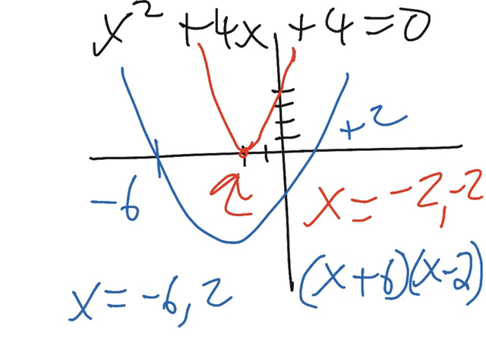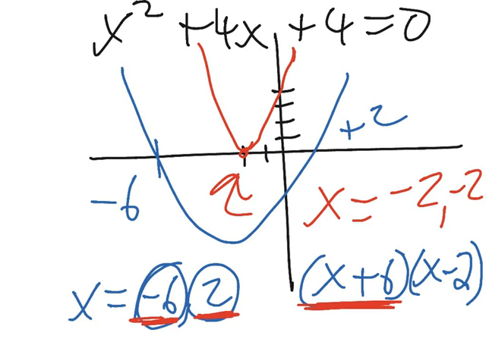Because the factors are always going to be the opposite sign of the roots. These are the roots. The factor is going to be the opposite sign, and then you put an x in front of it. So if I look at this minus 6, I change the sign to positive 6 and put an x in front of it, and that's one factor. If I know this root is 2, I change the sign, negative 2, put an x in front of it, and x minus 2, and that's the other factor. And that's how you get factors and roots.